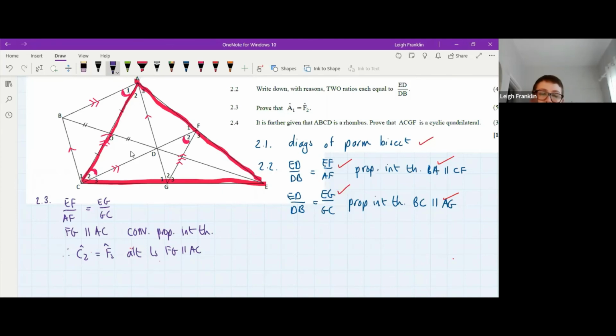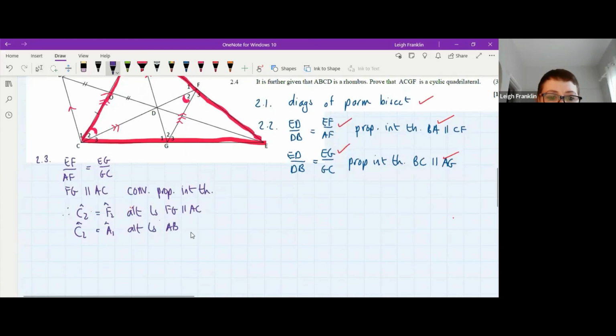And then we know, we proved that ABCD was a parallelogram in the beginning, so we know that A1 is also equal to C2. So C2 was also equal to A1. They're also alternate angles, but that's because AB, let me just move this up, is parallel to CD.